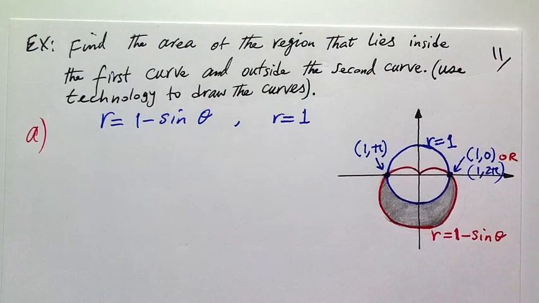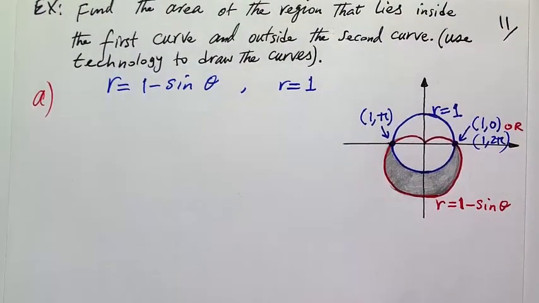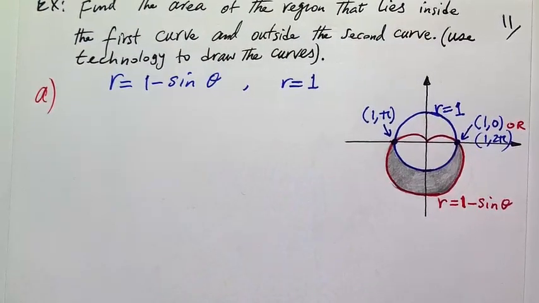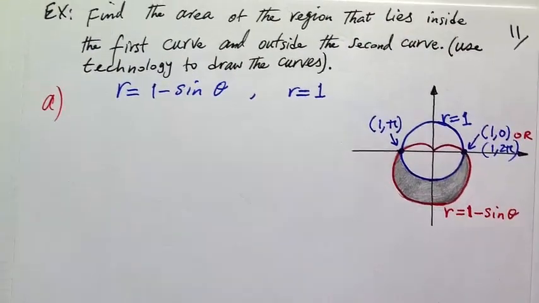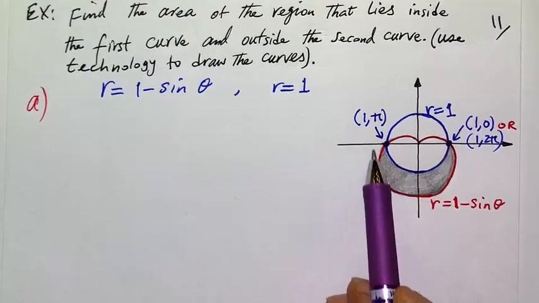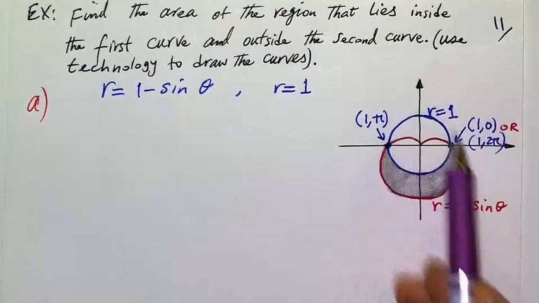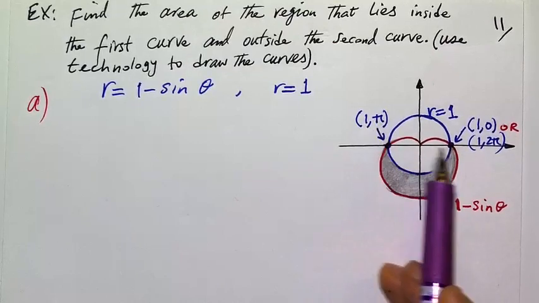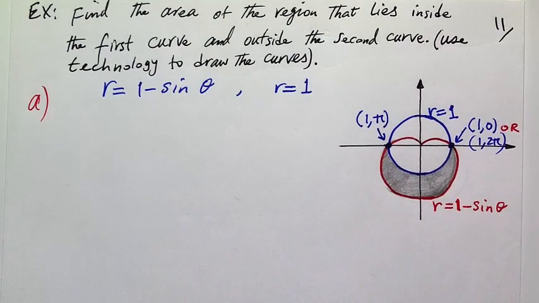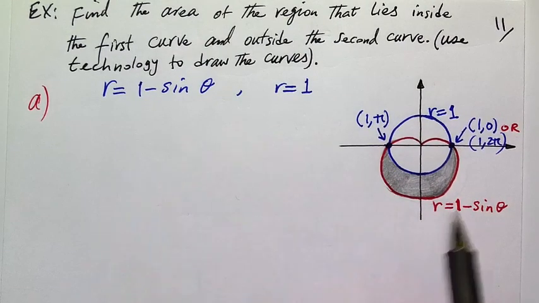Feel free to draw both of these curves on desmos.com/calculator. After we use technology and we have this graph, we know what our limits of integration ought to be, and then we can start integrating.